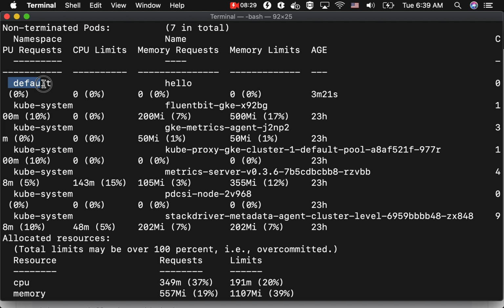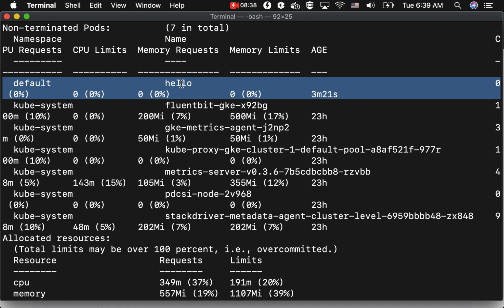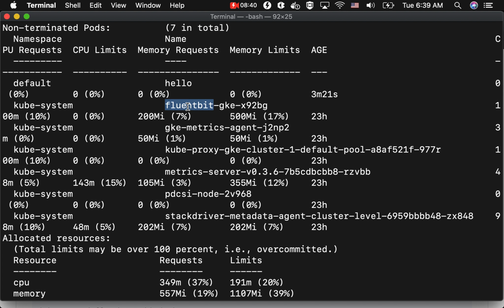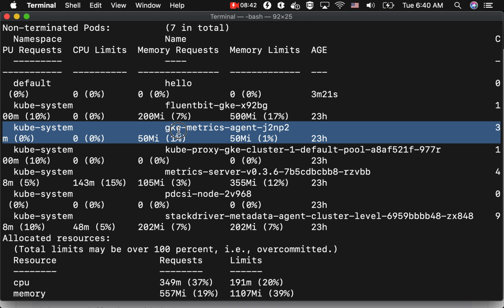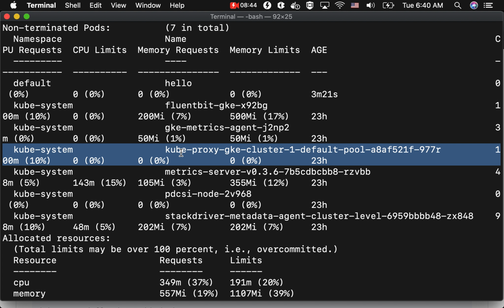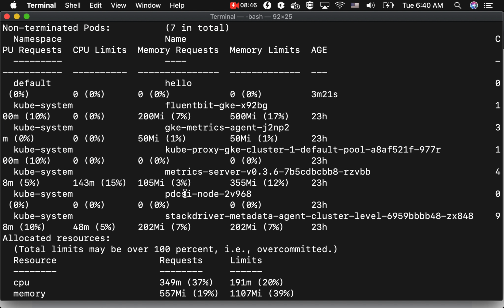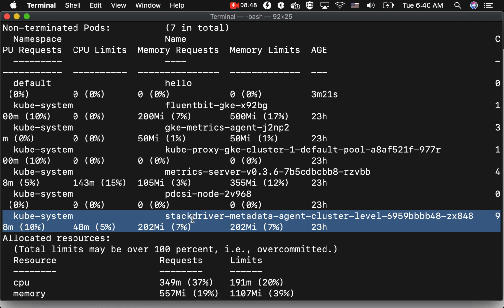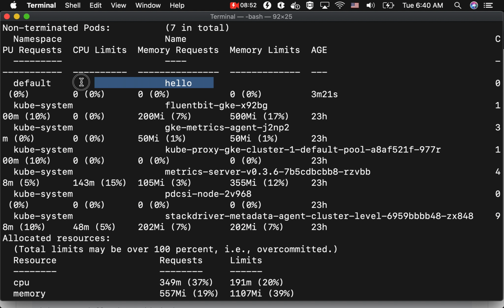So what you're seeing here is each of these rows is describing a different pod. Hello, there's our hello. Fluent Bit is here, which is something else. GKE metrics is something else. GKE proxy, metrics server, Stackdriver metadata agent. So the only pod that we ran was hello.